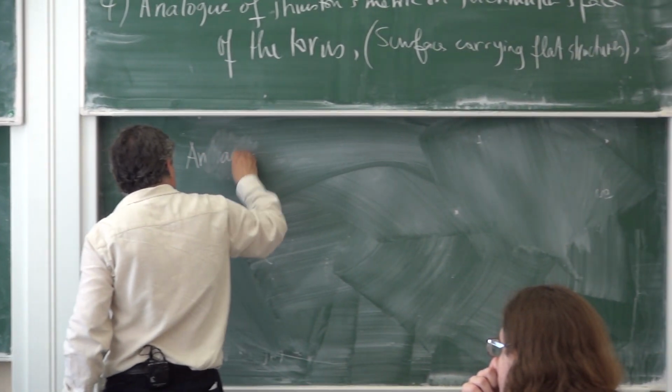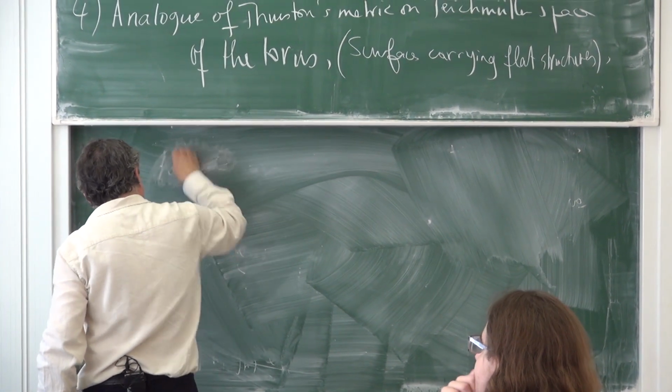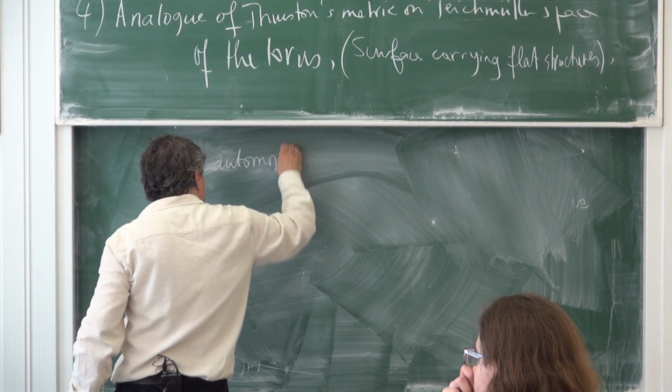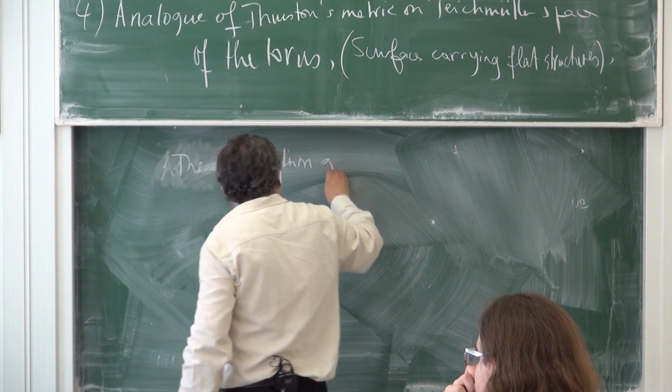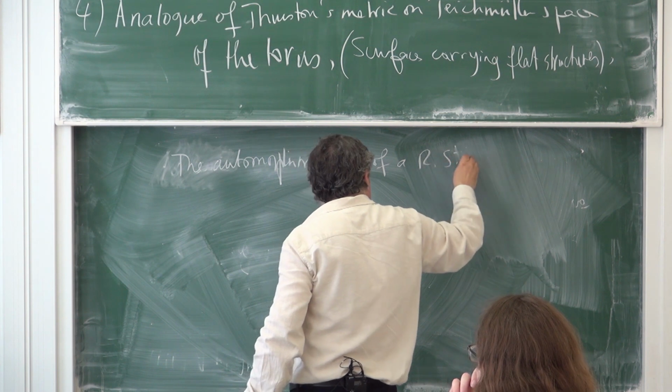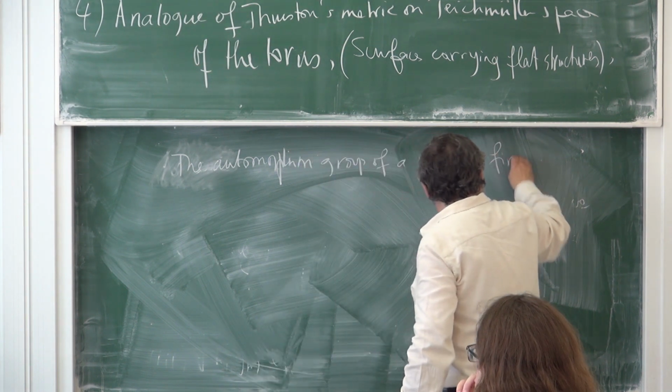This is a statement: the automorphism group of a Riemann surface is always a finite group.